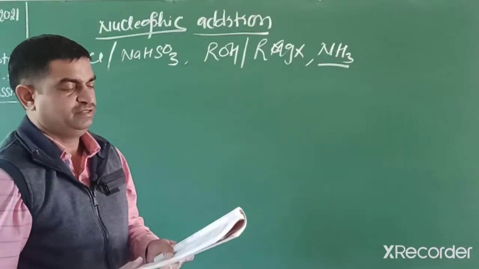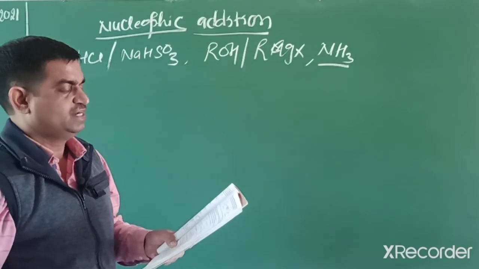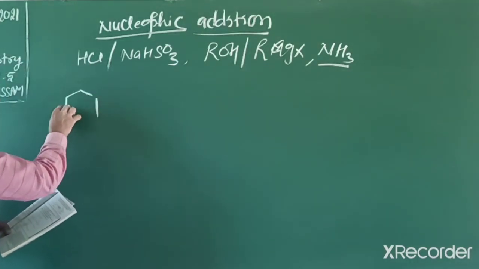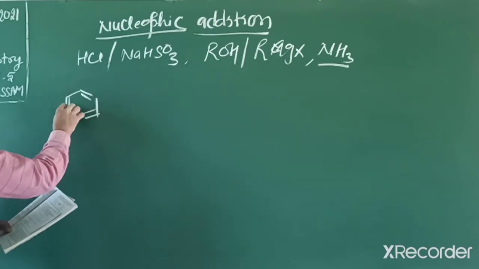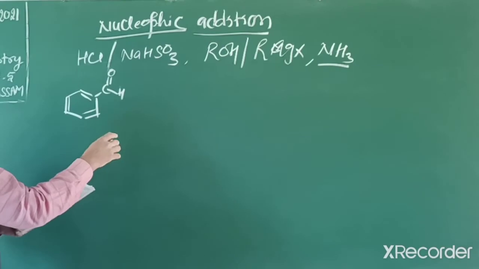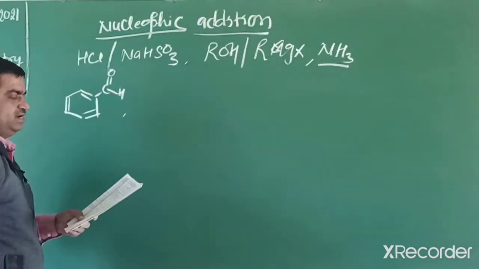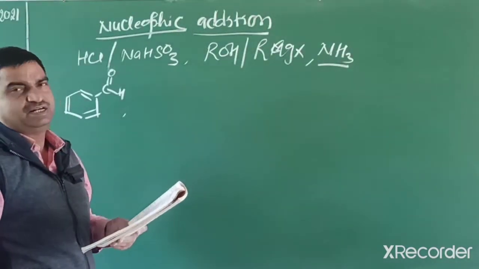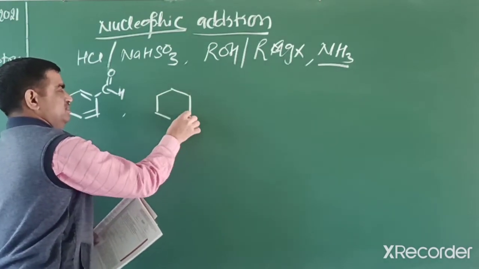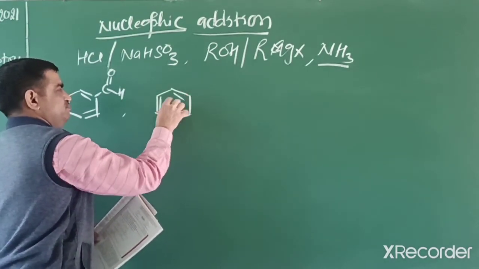Another in this same question, benzaldehyde. So first we write benzaldehyde. The other one is para-tolualdehyde. Para-tolualdehyde means, students, at the para position there is a methyl group.